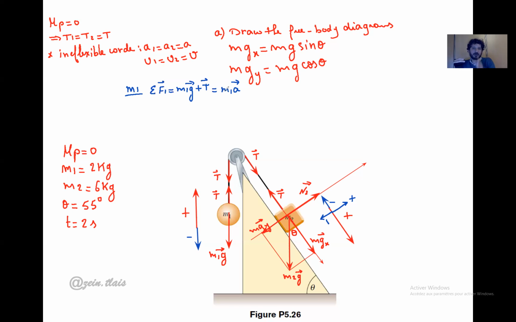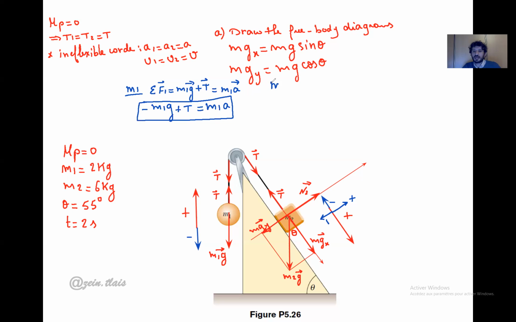Here, A equals AY, and on the right side, A equals AX, but we have the same value, A. M1G is in the negative direction, so minus M1G, T is in the positive direction, we can say plus T, equals M1A. This is the first relation between T and A.